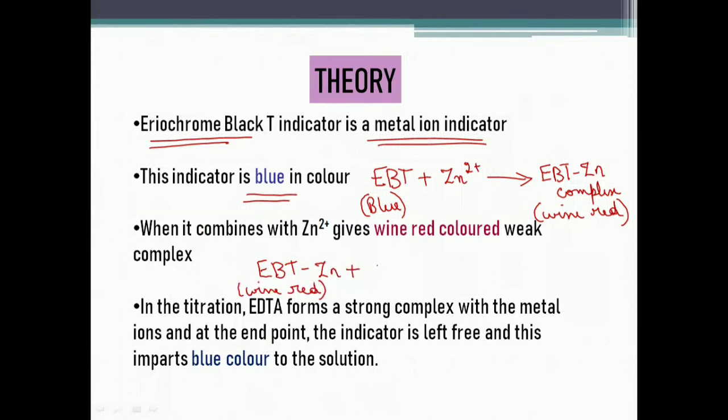So as and when you titrate it against EDTA, which is taken in the burette, EDTA is again a colorless solution. As and when you add it, the zinc that is forming a complex with this EBT, this complex will be broken down and zinc will dissociate itself from the EBT and go and form the complex with EDTA, since the zinc EDTA complex is more stable when compared to the zinc EBT complex.